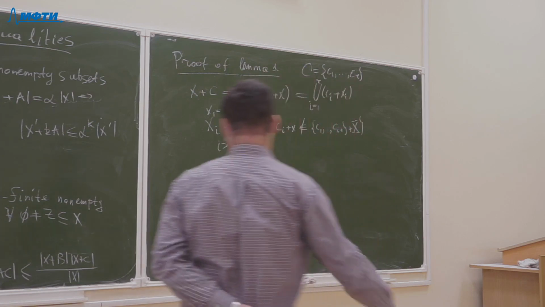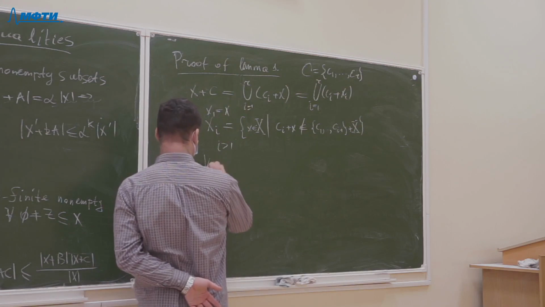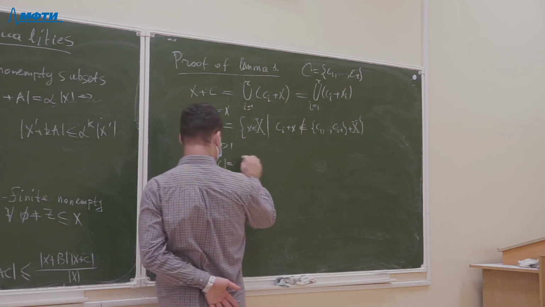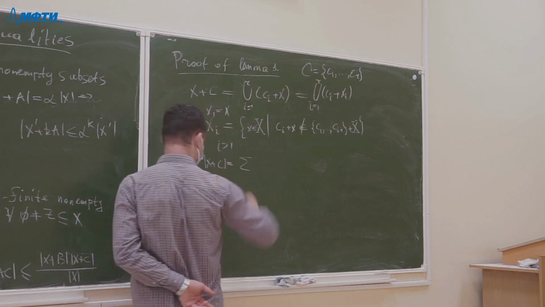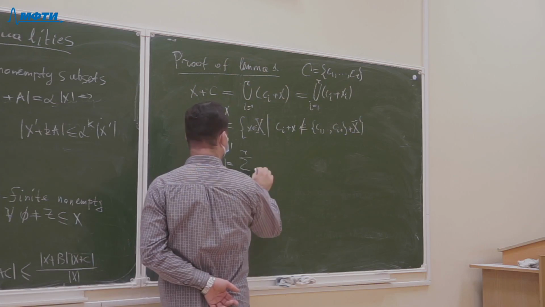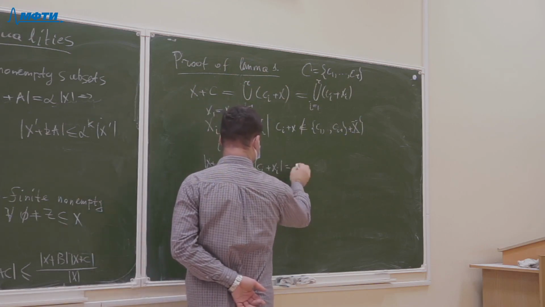Okay. So since they are non-intersecting, the cardinality of X plus C is the sum for i from 1 to r of |c_i plus X_i|.